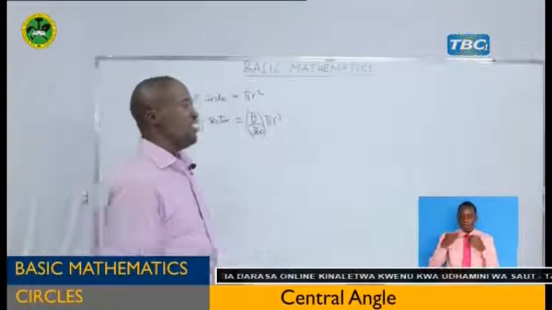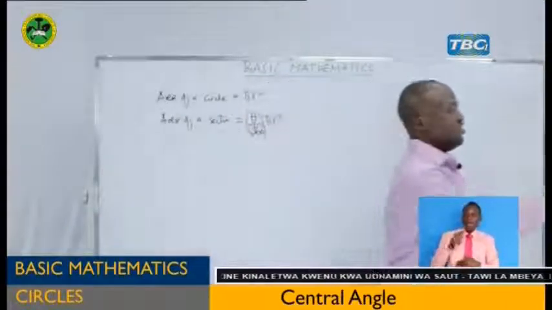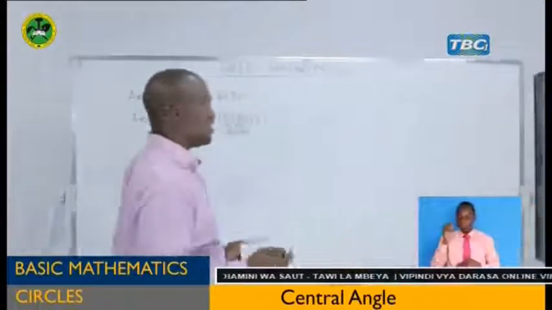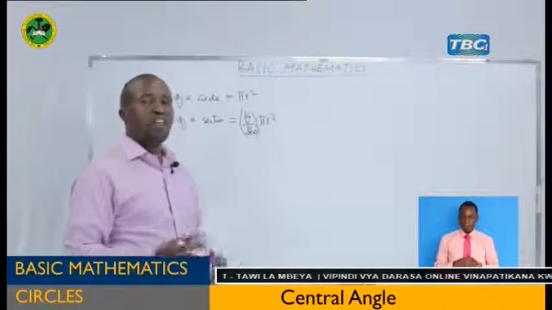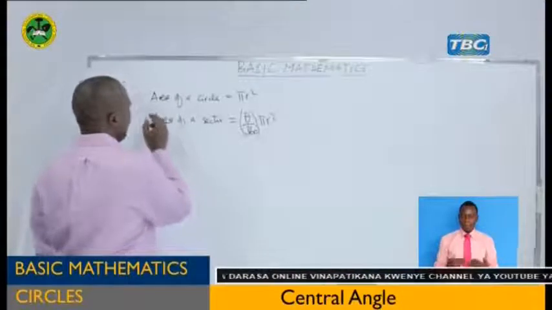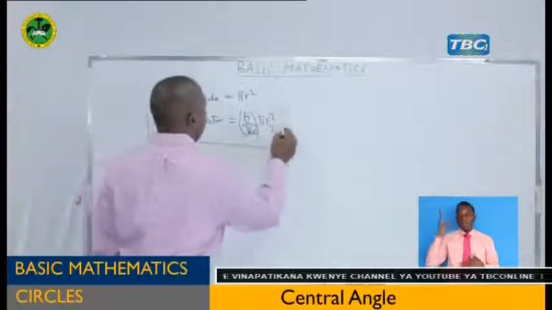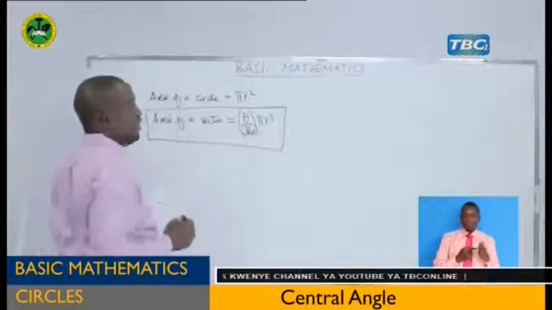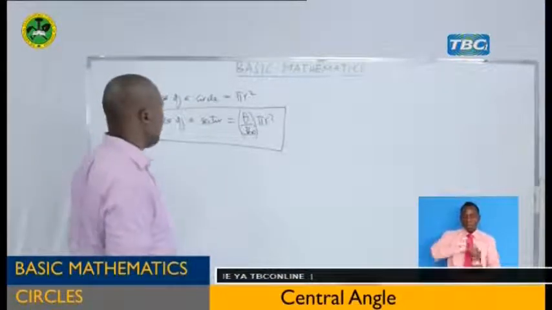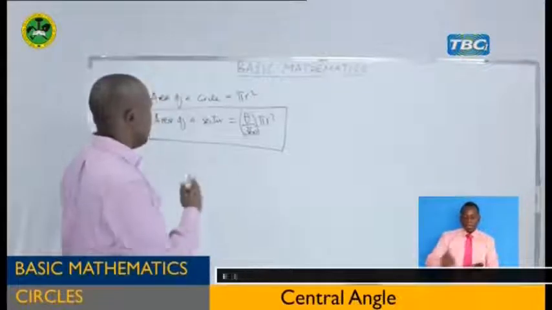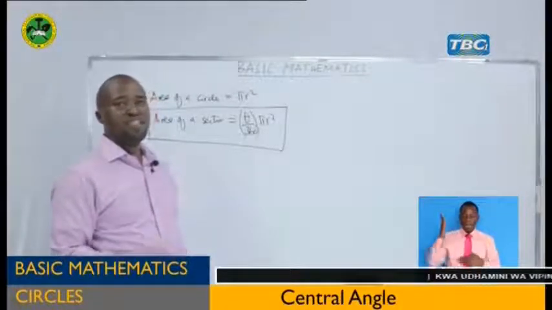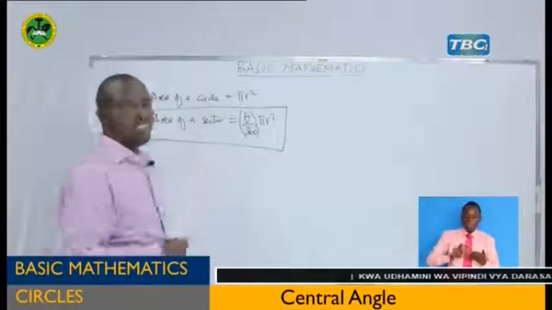So if we want to find just the area of this portion, it is a matter of taking theta over 360 times the area of a circle. This is the general formula for finding the area of a sector, in terms of degrees, when you are given theta in degrees.